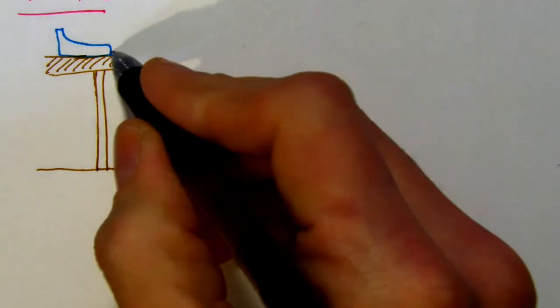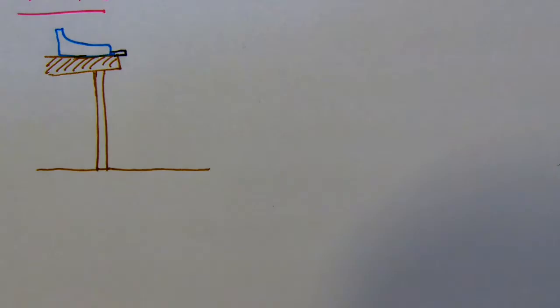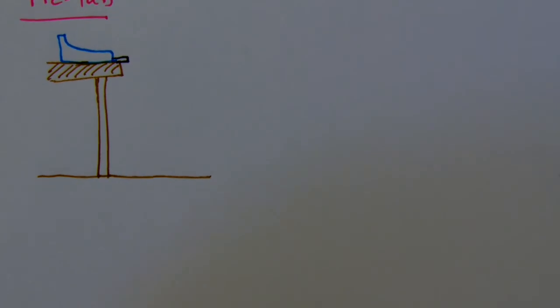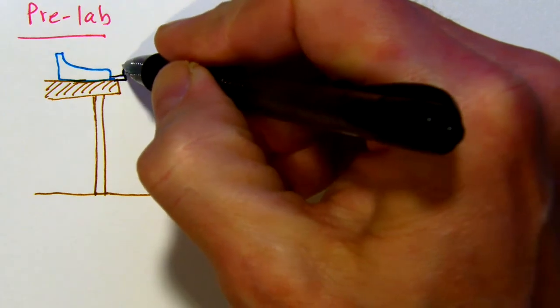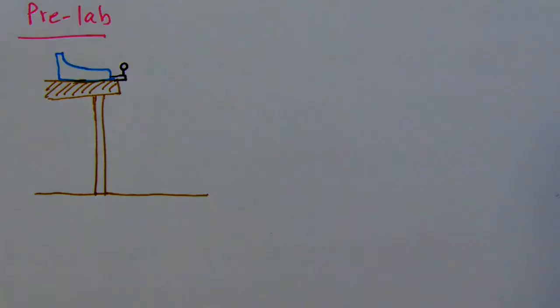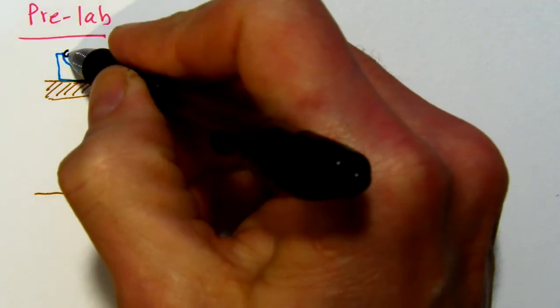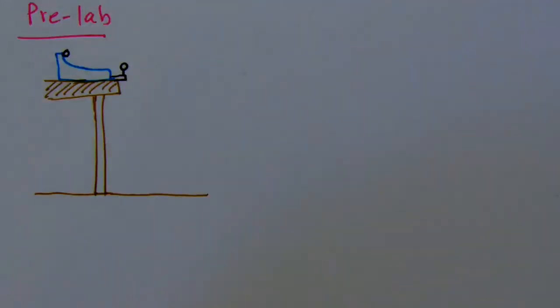And off the edge of that is a small metal hook, okay? And with this hook we have a little set screw, and it just holds a target ball right there, okay? And we're going to have a very specific leaving point here.